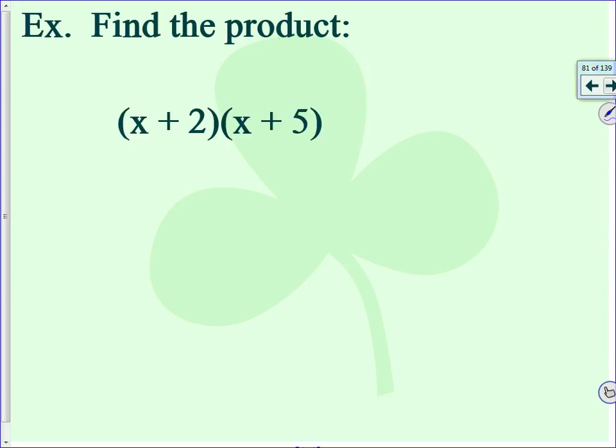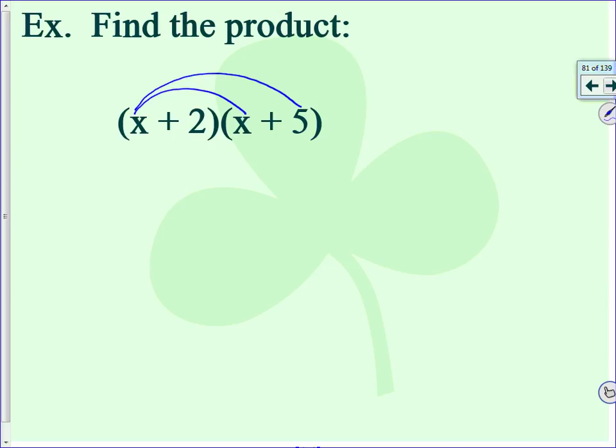We're going to find the product of this. This is a binomial times a binomial. So when you multiply a binomial times a binomial, you have to do what's called double distribution. You have to distribute the x to everything, and then you have to distribute the 2 to everything.